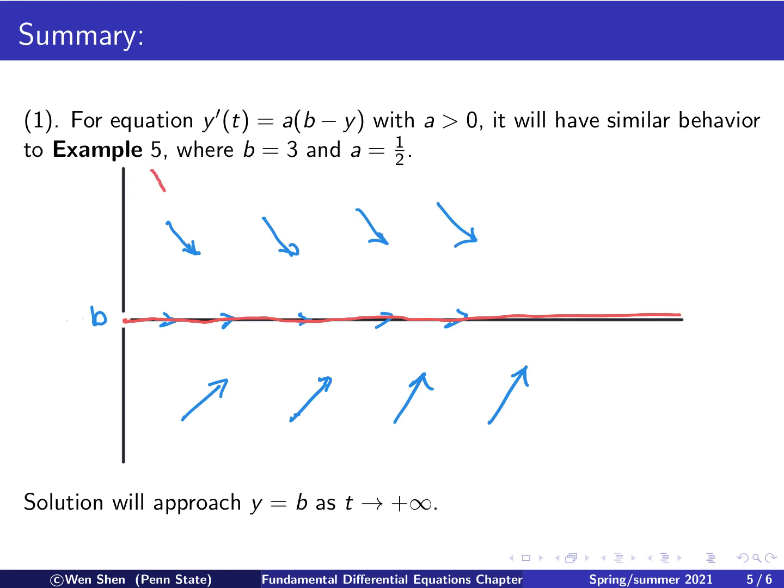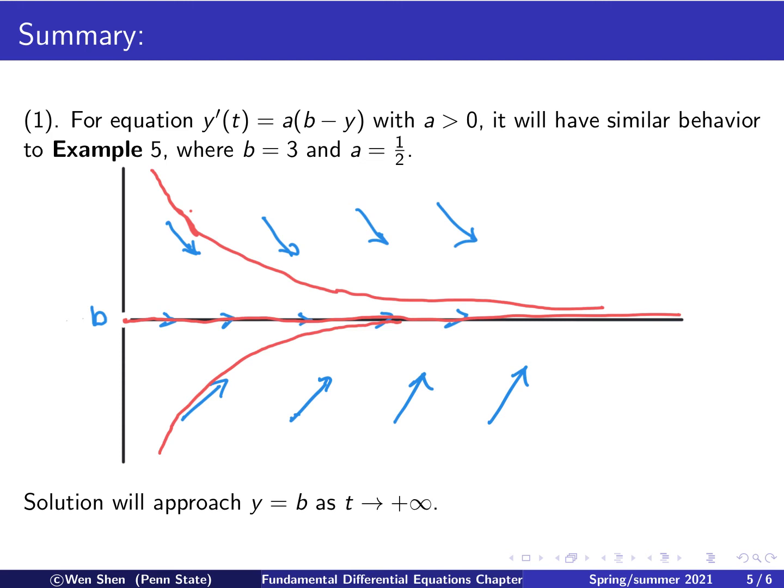Well, it will come down, and the slope will gradually become less and less steep, and asymptotically approach b. A similar thing happens here: if y is less than b initially, it will point upwards and gradually approach y equals b asymptotically.